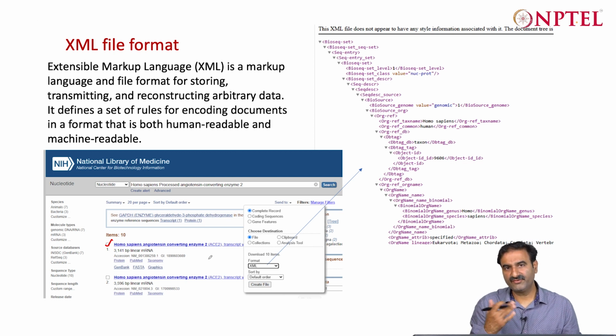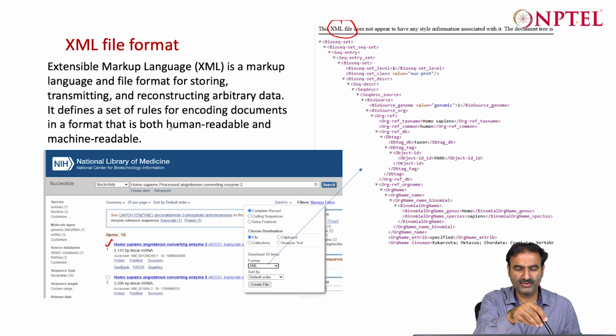So the previous 2 files had the issue of the extension and what software will open it, but this is a portable format which is called XML format, okay. So extensible markup language, which is a more descriptive and platform independent format, you can say.